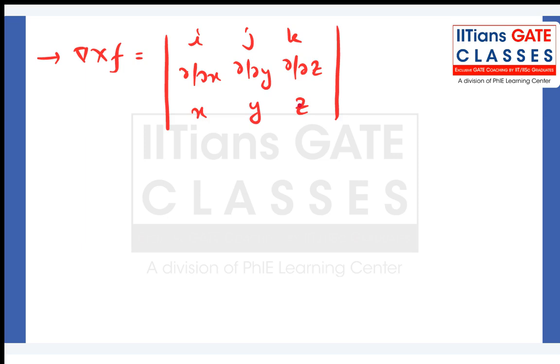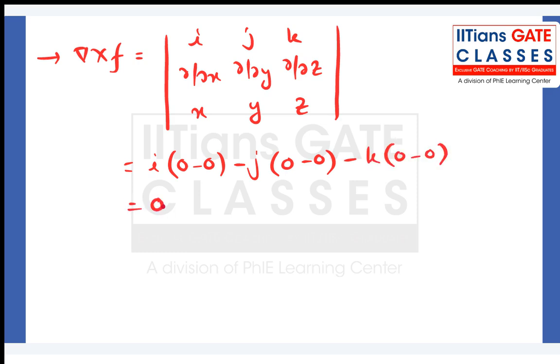Okay, so if you see, i will be 0 minus 0, minus j will be also del z by del x, which will be 0 because these are partial derivatives. So if you are taking the partial derivative with respect to x, y and z are assumed to be constants. Similarly, this will also turn out to be 0, and the same thing goes for this also. So therefore, the curl of your vector field f is 0.